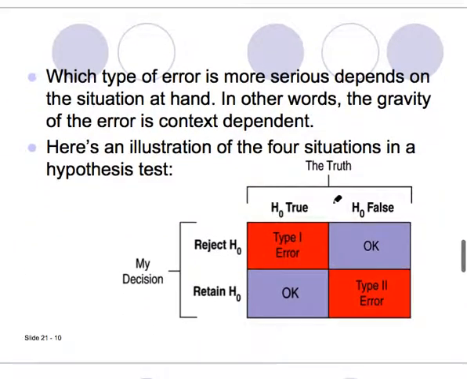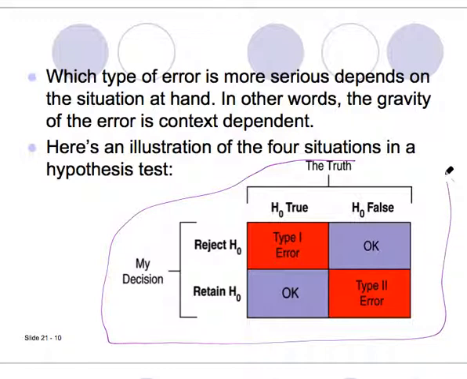This box is important to have written down in your notes to give you a visual of what this looks like. One type of error could be more serious than the other, and it depends on the situation, and we're going to look more at this tomorrow in class. Which type of error is more serious depends on the situation at hand. The gravity of the error is context dependent.